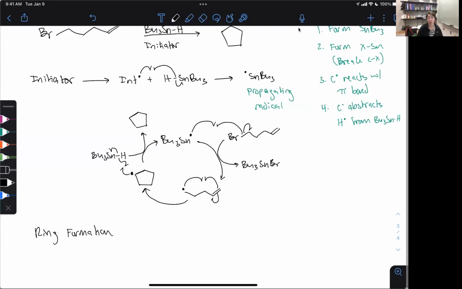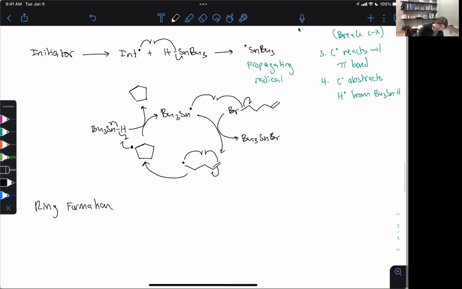So the general rules for ring formation for these ones, it's really all about kinetics. So it's about which ring is going to be formed the fastest, the easiest. So we're pretty much going to be looking at stuff where we can form 5, 6, and 7-membered rings.